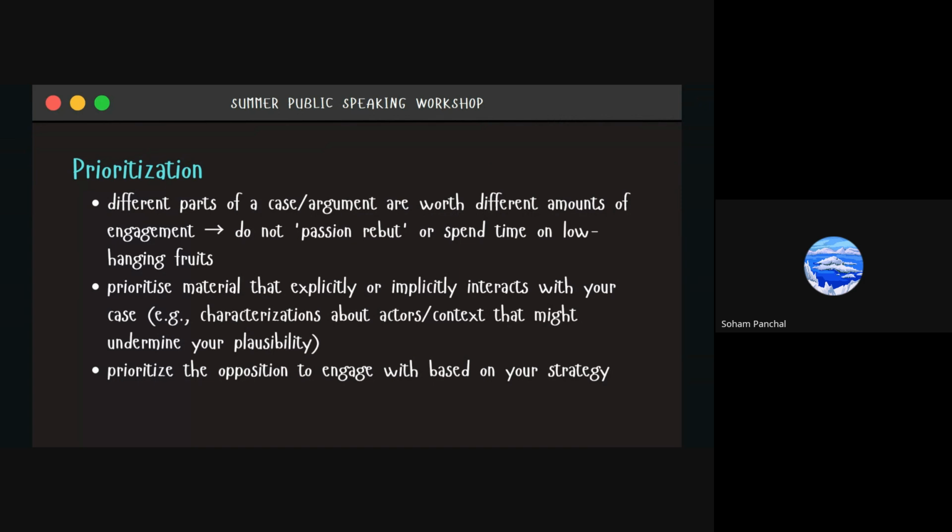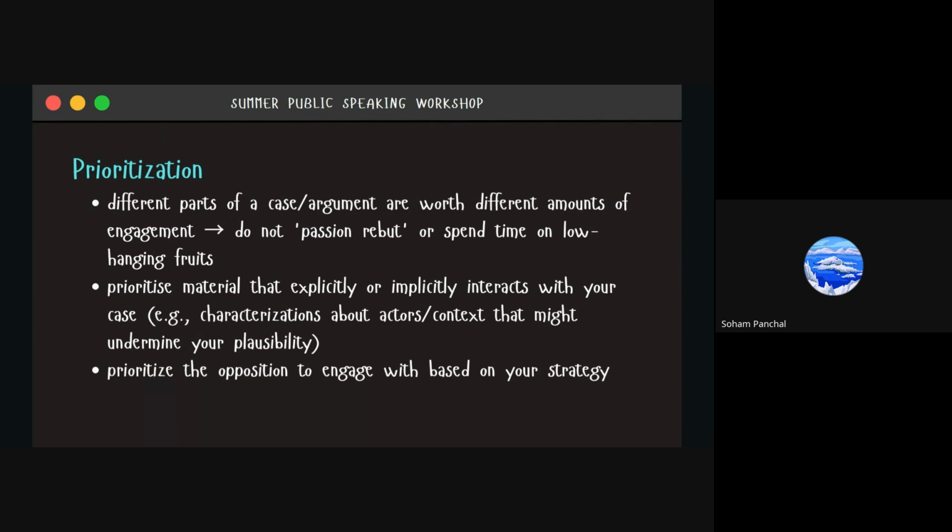Now coming to the third point, as mentioned, prioritize the opposition arguments to engage with based on a strategy. Basically, you engage on those parts of the opposition's side on the basis of what you have strategized or how you're going to make your own case.